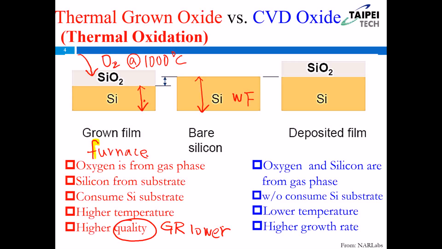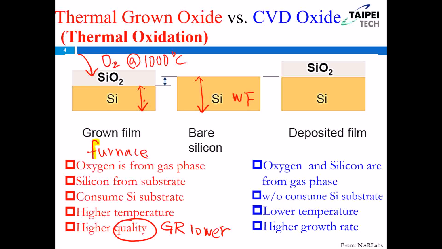But don't worry. Usually, when we use thermal oxide, the oxide thickness is thinner. When oxide thickness is only 1 nanometer, like the gate oxide, you don't need to worry about the slow growth rate, right? Because the thickness of gate oxide is only 1 nanometer. So the lower growth rate doesn't make any difference.